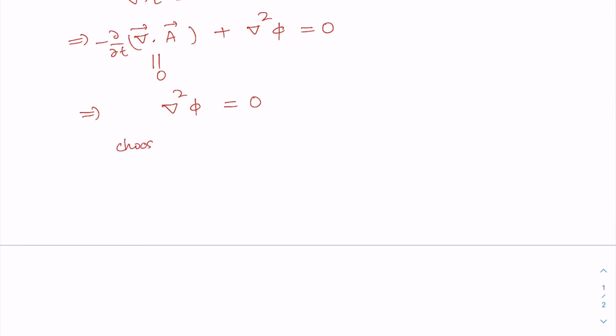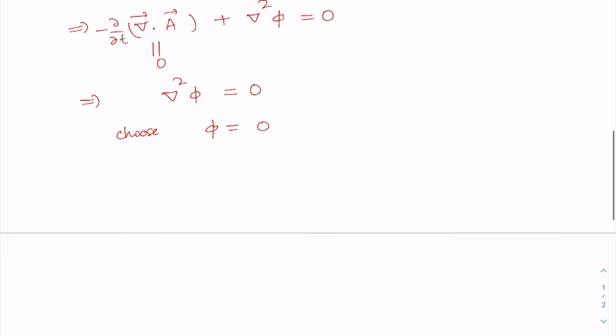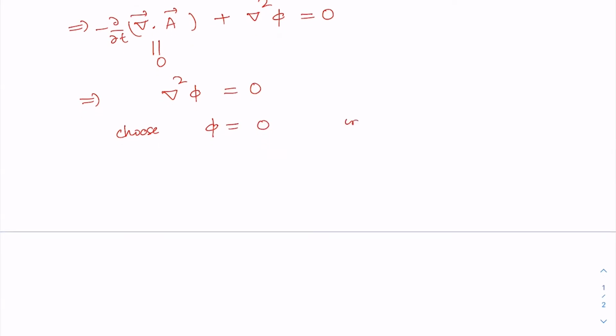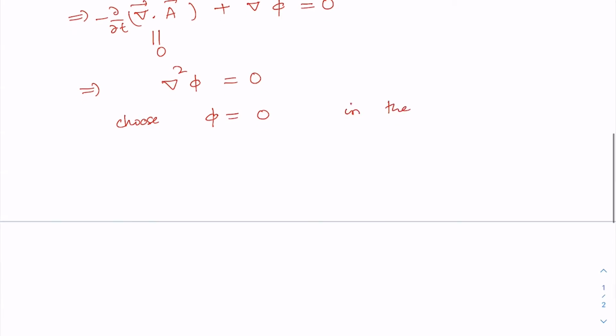Now we can make another choice. We can choose phi to be equal to 0, because in the background there is no electrostatic potential. This is what this choice means.